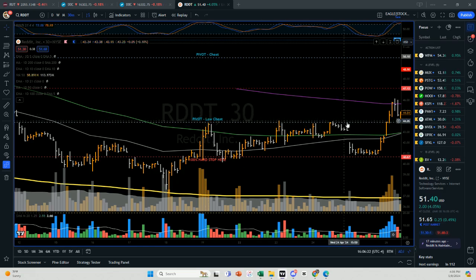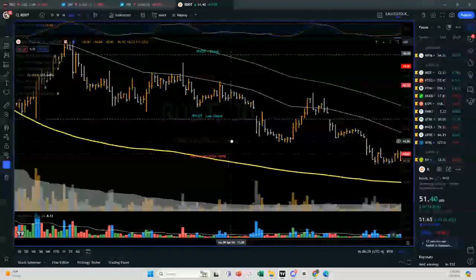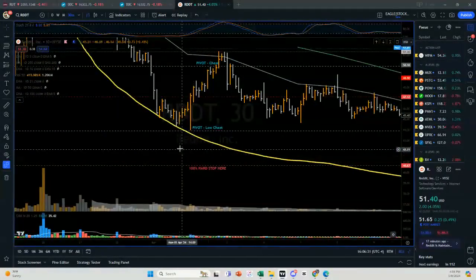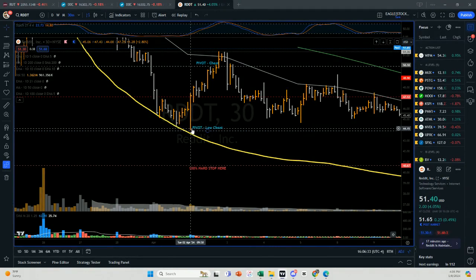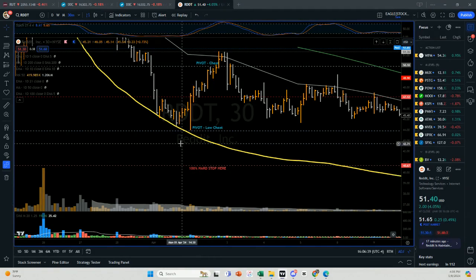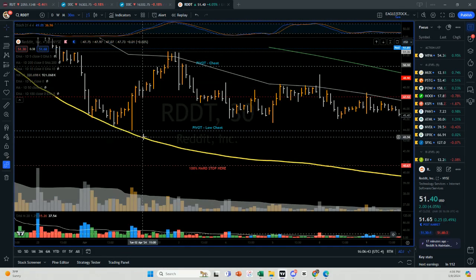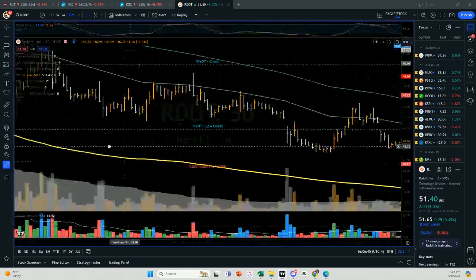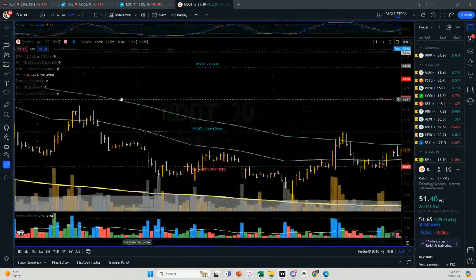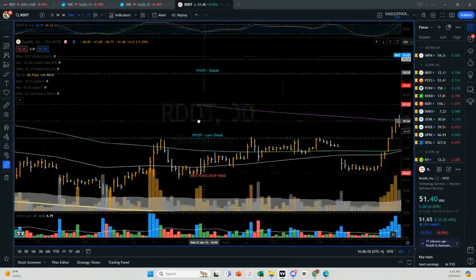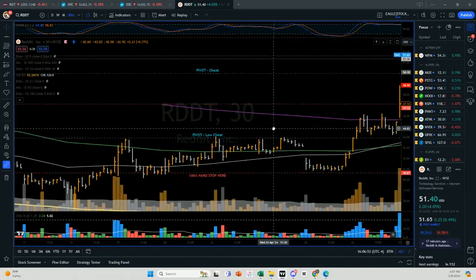But price was not just finding resistance over here. This line is also significant because if we go further left, this was almost a support area to the penny. So when we see levels like that start to line up, it makes them more significant when price can finally break on through.